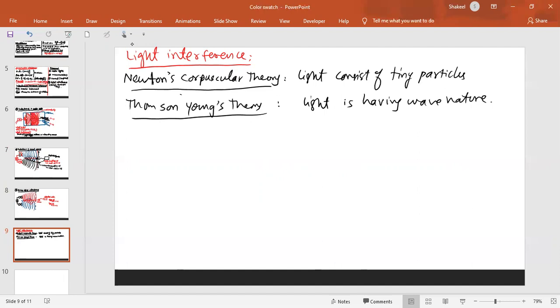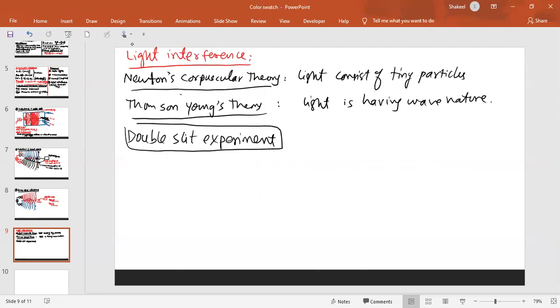That is the experiment we have to study here. So let's study the double slit experiment. That is the last topic for today.